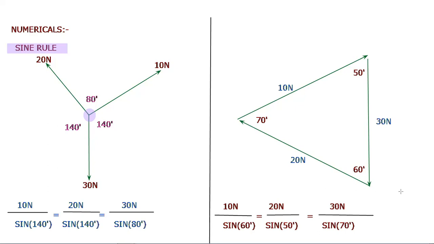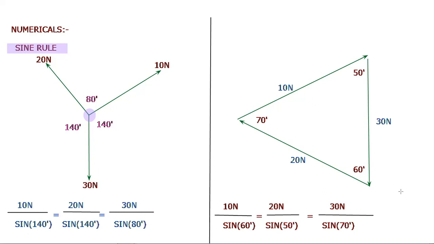Now this one is the second type of expression. We use it for the triangle also. So in this way we are able to use this sine rule. Both expressions can be derived trigonometrically, but in the exam no one is going to ask you the derivation.